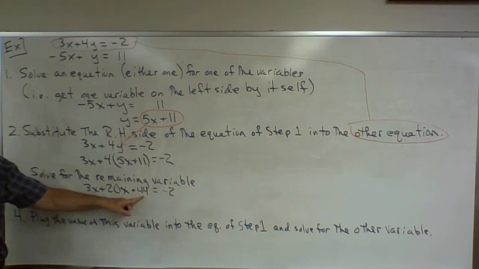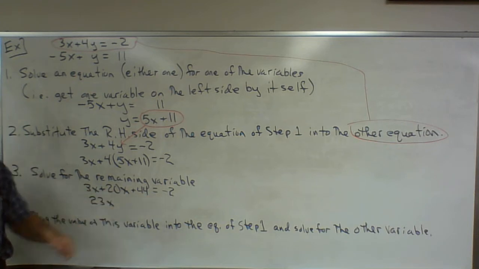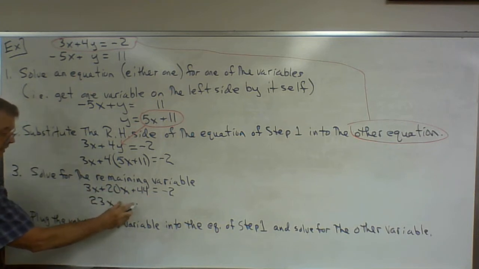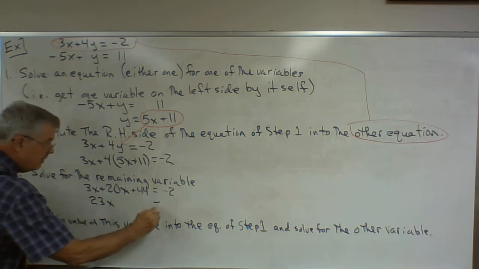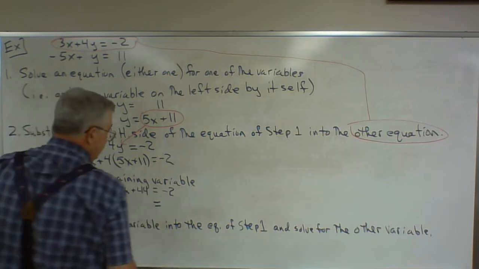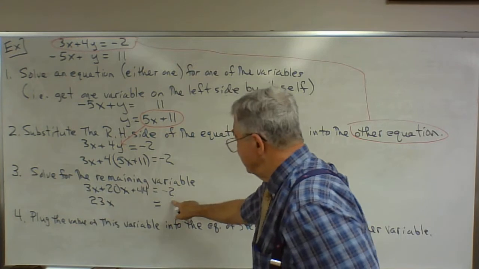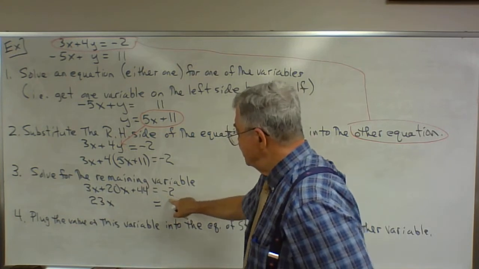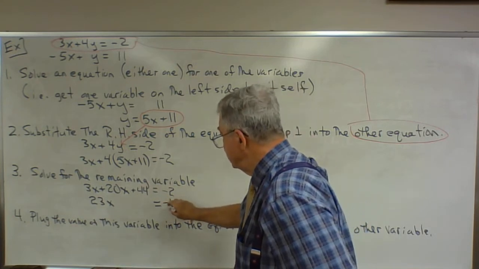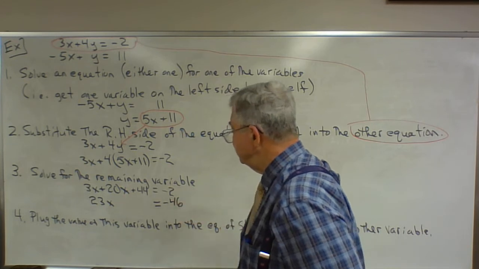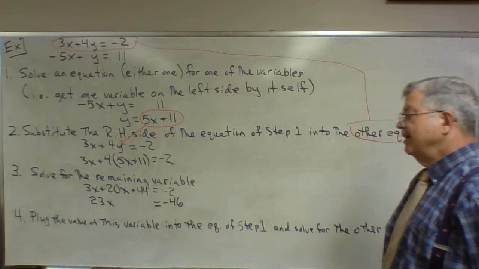So that means I'm going to subtract 44 from both sides. If I subtract 44 from the left, that will leave me with nothing. If I subtract 44 from the right, that's negative 2 minus 44 is negative 46. Okay.